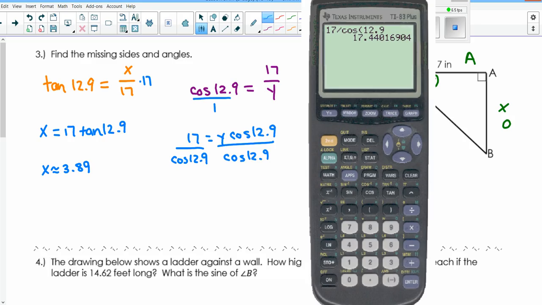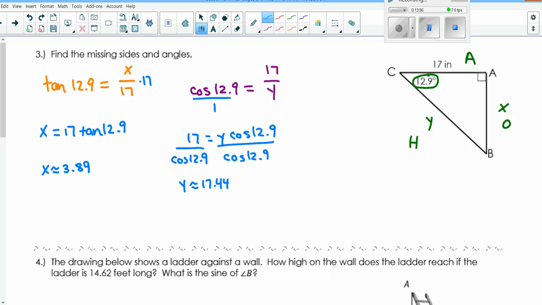And then you get that Y is about 17.44. Okay, so notice that we multiplied when I had a number in my denominator, and over here I ended up dividing when I had my Y in my denominator. Okay, so just something to take note of.